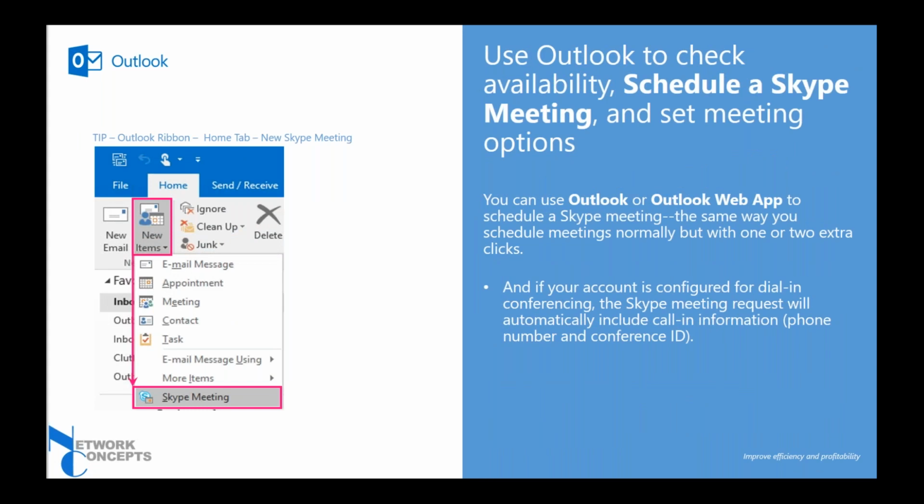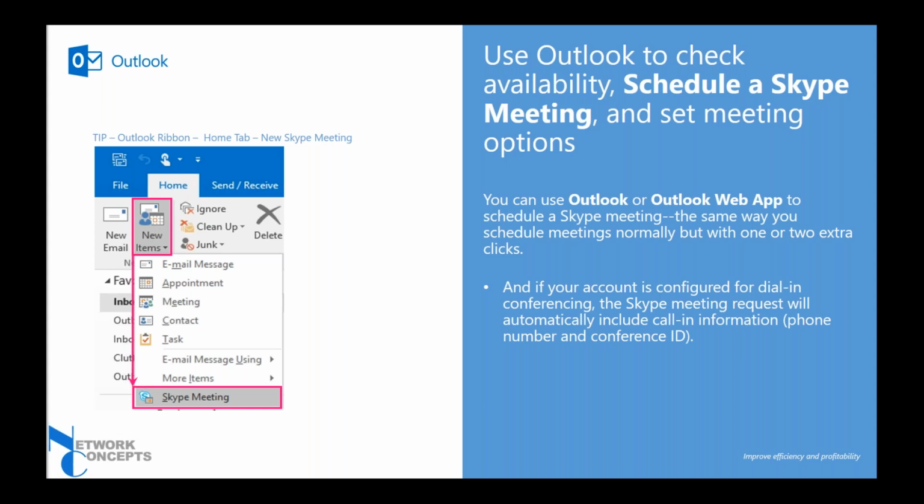With Outlook and Outlook Web, you are also able to schedule Skype meetings the same way you would schedule any other meetings and appointments. It's pretty helpful if you are relying on Skype.